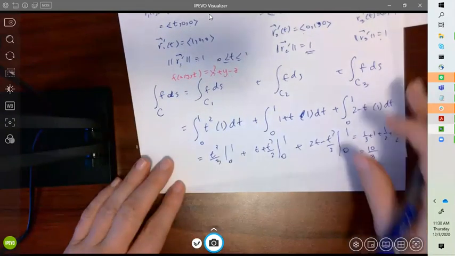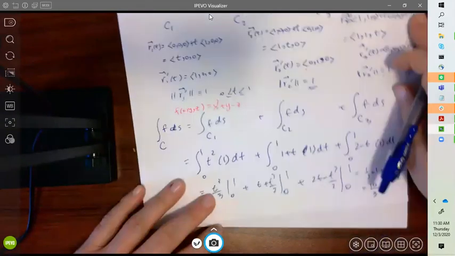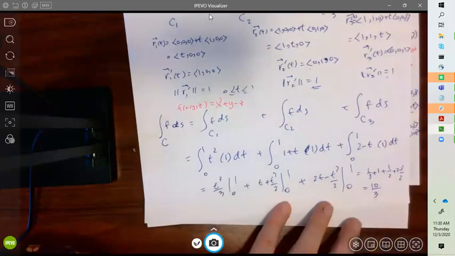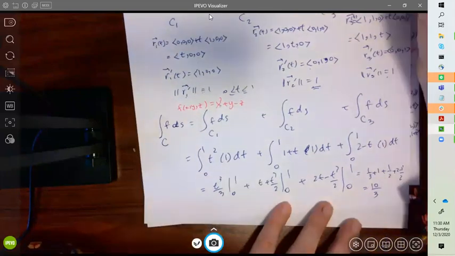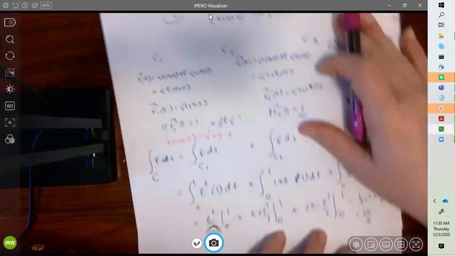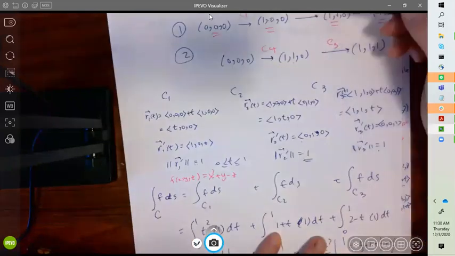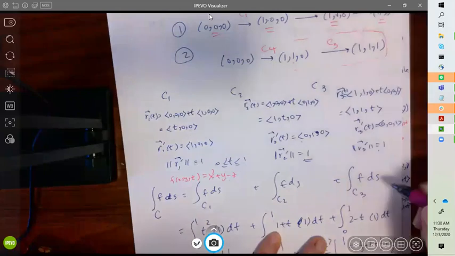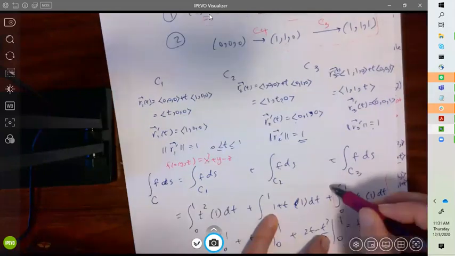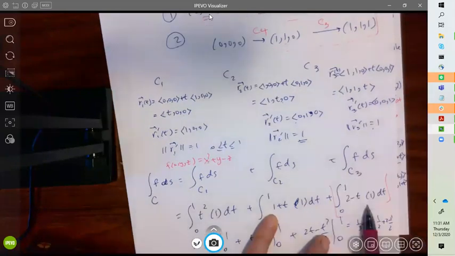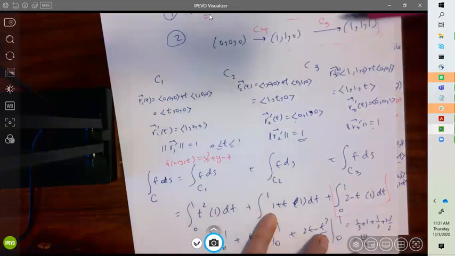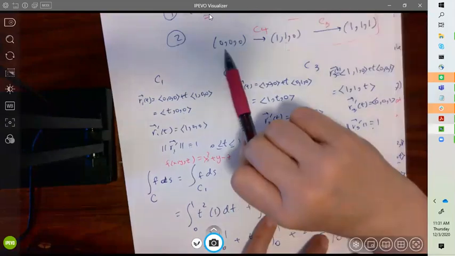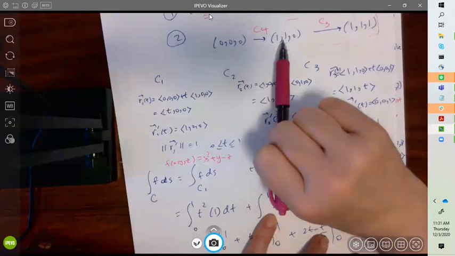The funky part is part B. Part B, the function hasn't changed, and this piece is going to be the same for part B. The only thing that I have to find is the integral from 0, 0, 0 to 1, 1, 0.